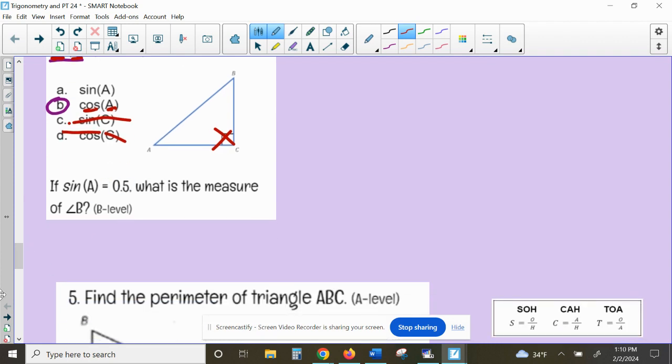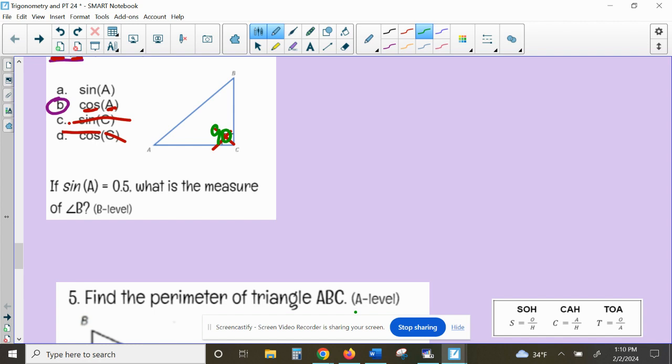Okay, here's the second part of this. So it says, if sine A equals 0.5, what is the measure of angle B? So let's look at this picture. What do we know in this picture? We do know this is 90, right?